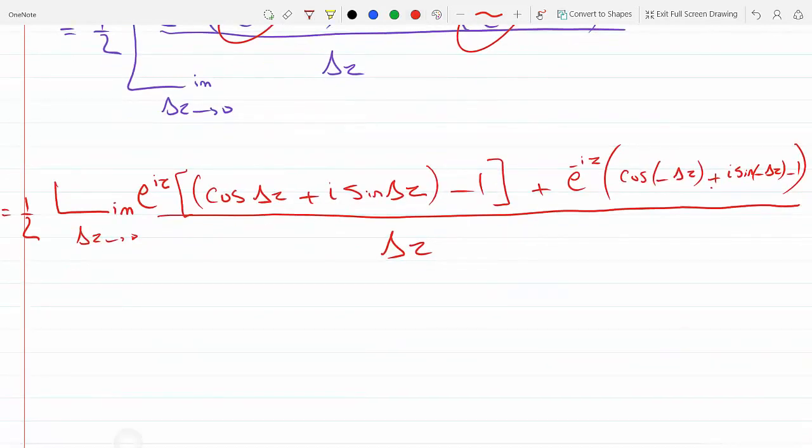Okay, so let's split these up. The limit as delta z goes to 0.